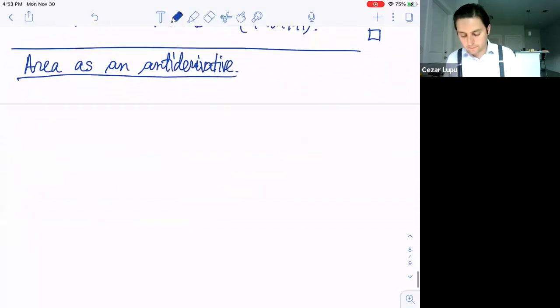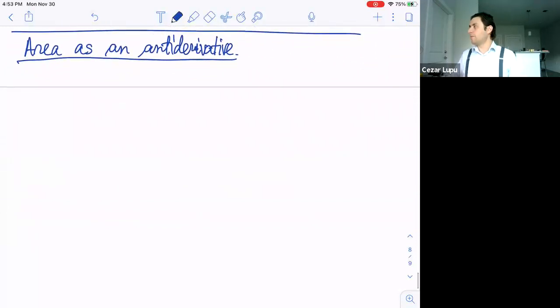Here, you will see that if we define the integral on a given finite interval, let's say a, b, this is nothing else than the area under the graph of f.